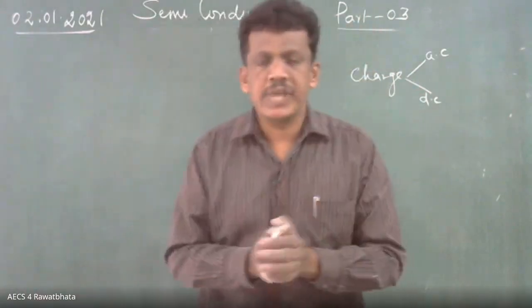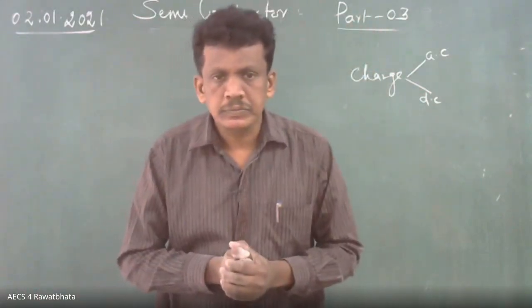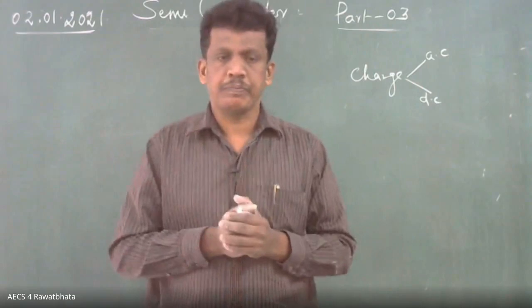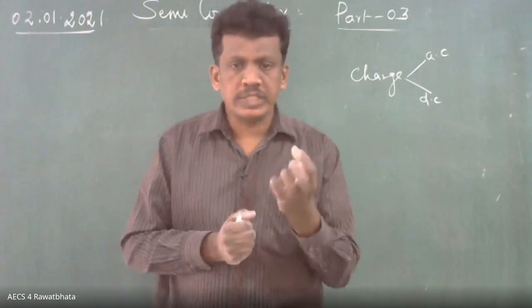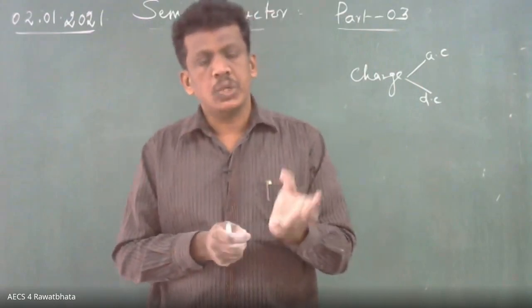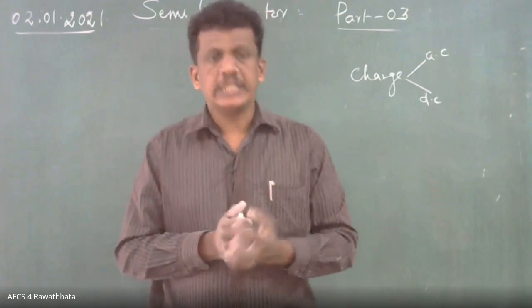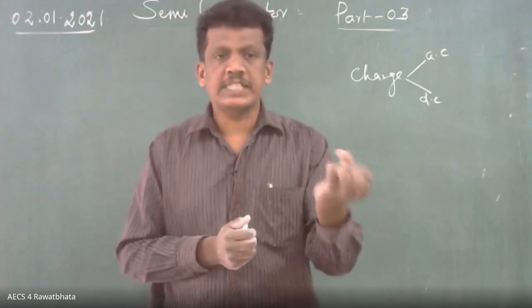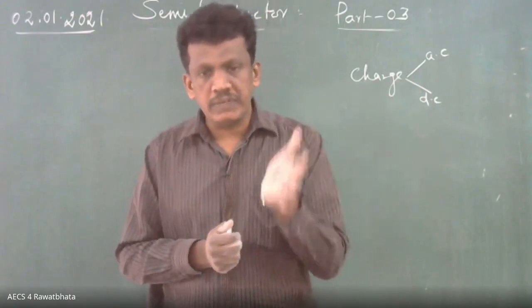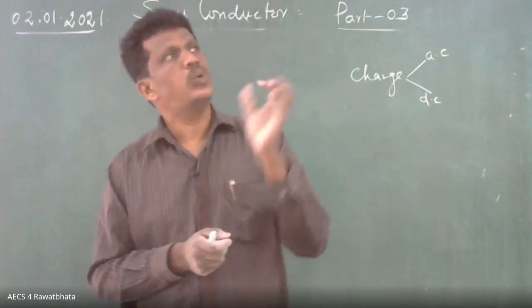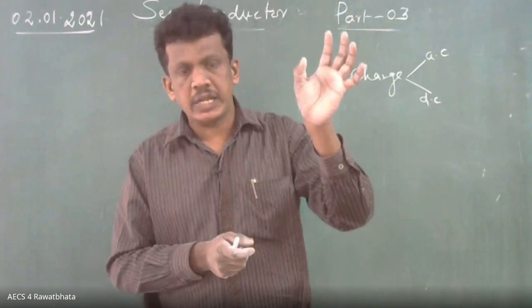Now, what is the electricity we are getting at home? AC. Because what is the advantage of AC? From AC you can easily convert it into DC. This is point number 1. Second, the power dissipation, power wastage, will be less in AC. Because how to control AC current?